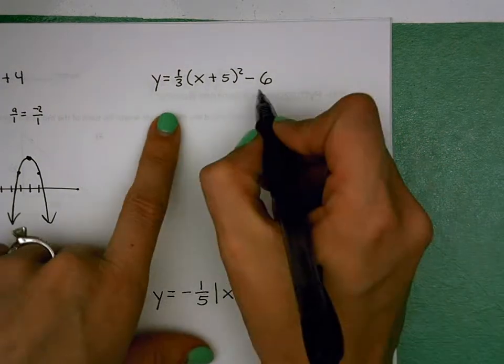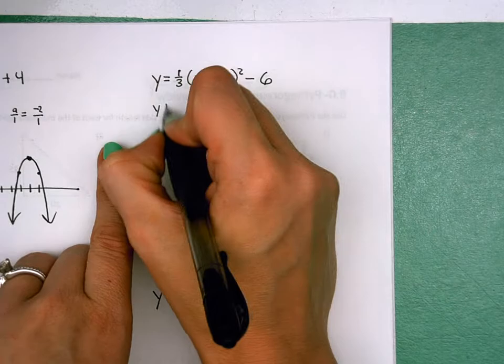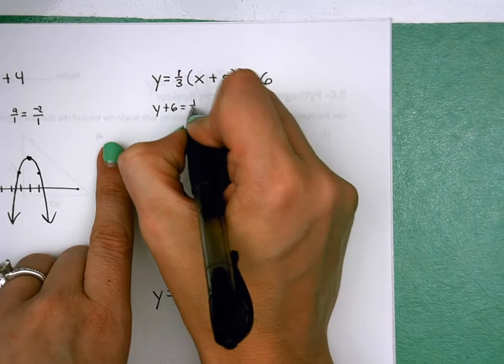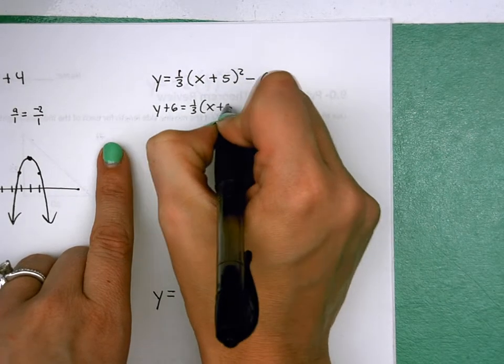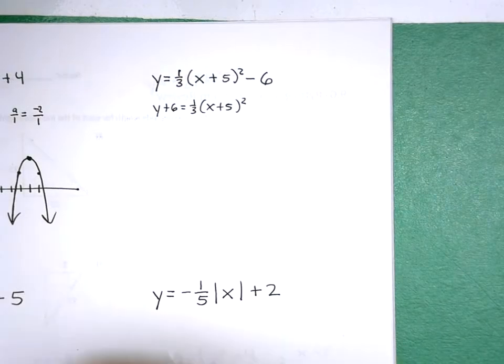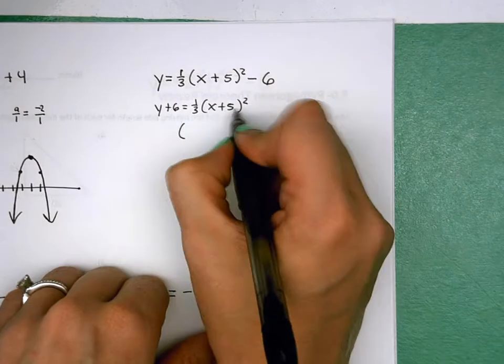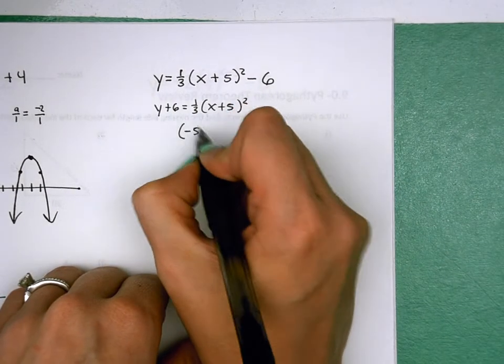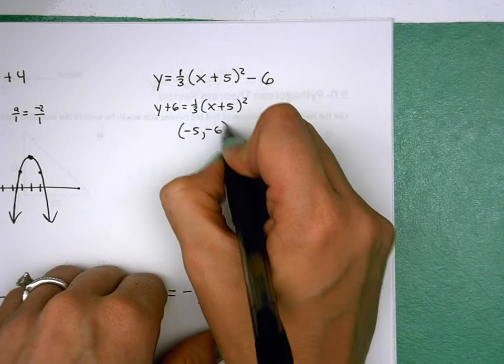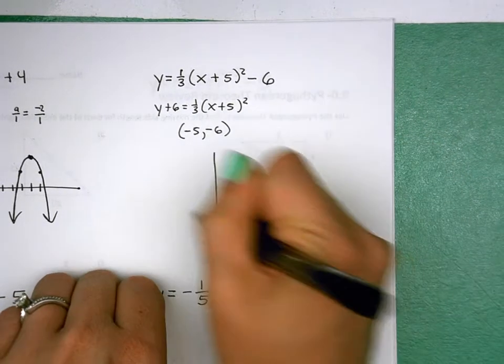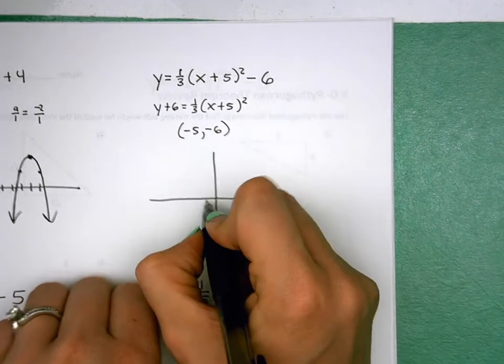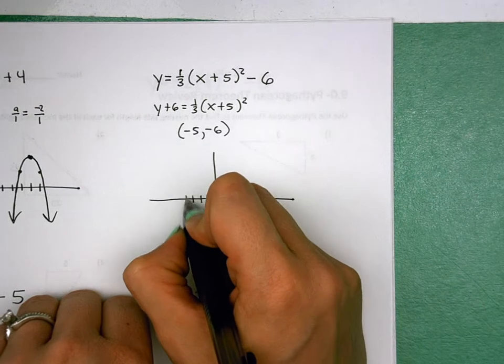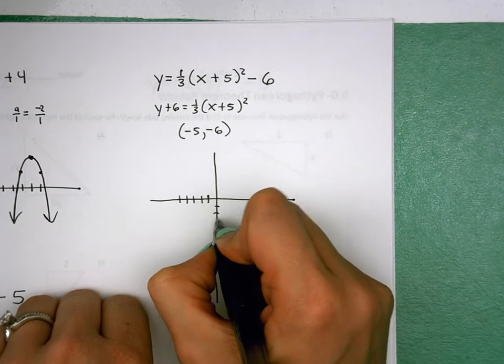Okay, so turning this into our descriptive form, we have y plus 6 equals 1/3 times the quantity of x plus 5 squared. My initial point, my vertex, is at negative 5, negative 6. So let's go ahead and plot that. Negative 5, negative 6.